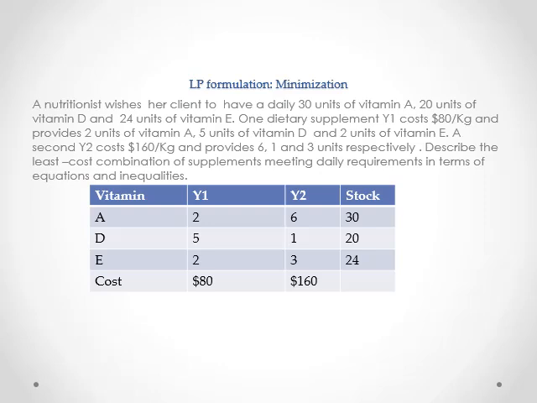The objective function has to express a problem of minimization. The objective function consists of two costs per unit of combination, $80 for Y1 and $160 for Y2.